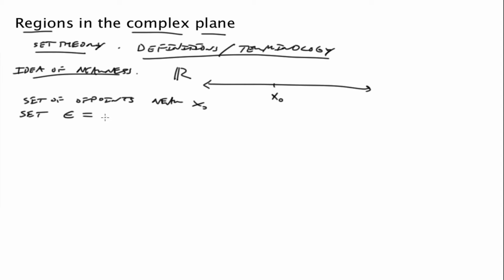Say I'll say epsilon of 0.1, and I'm going to say that all points near x naught are distance 0.1 from x naught. Again, this is a fairly simple idea, and I could set epsilon to anything I like, but let's say I defined 0.1 to be what I'll call near x naught.